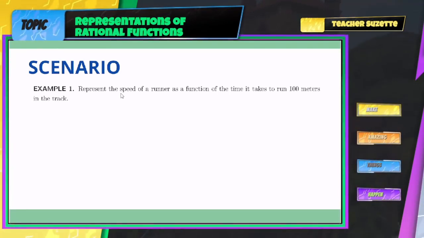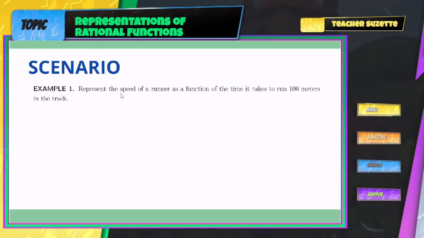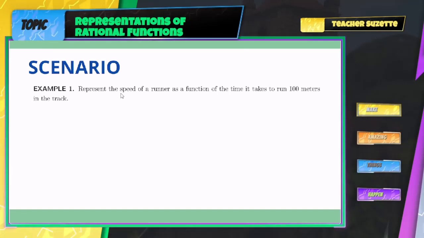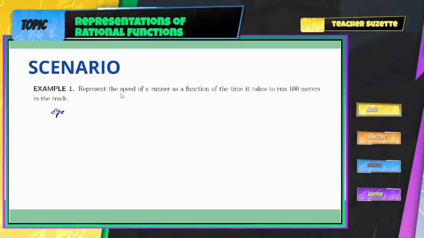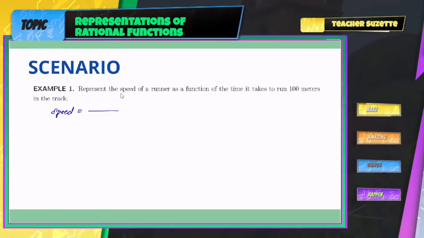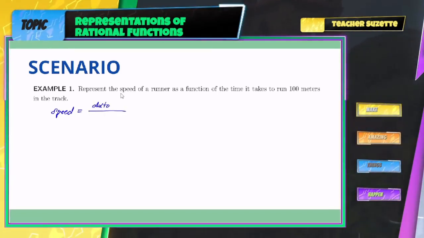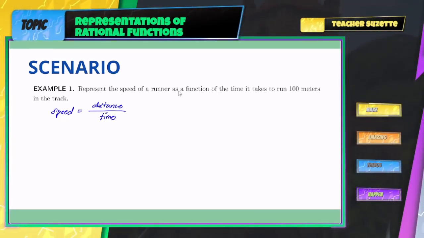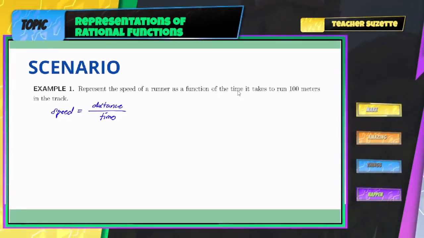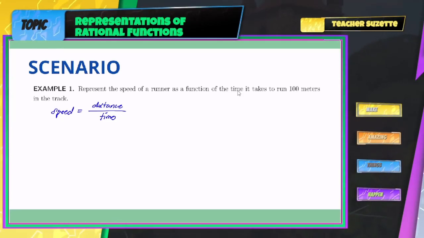As you all know, there is a formula that we can use in computing or finding the speed. That is, speed is equal to distance over time. We have to represent the speed of the runner as a function of the time it takes to run 100 meters.